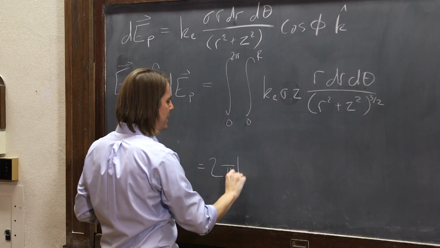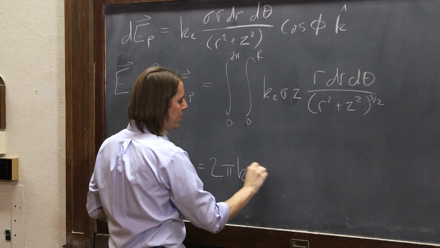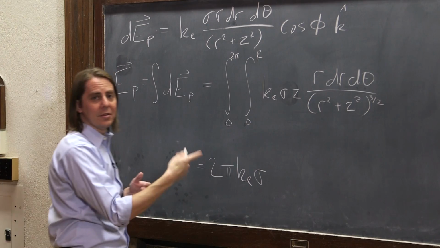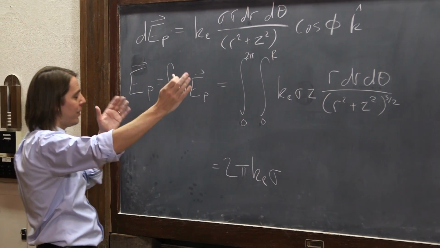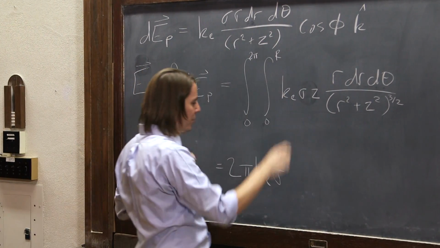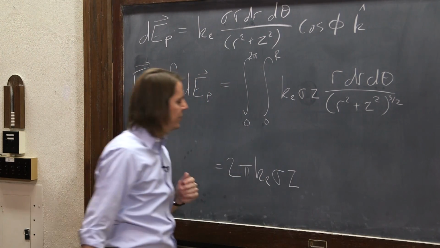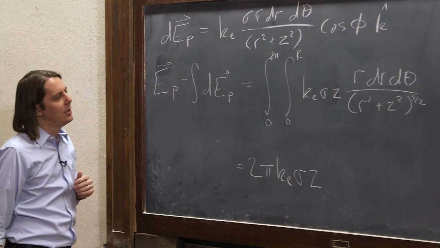And then you still have a Ke, and you have a sigma. And actually, z is a constant in this case. z was just how far out are we. So that's not changing as we move around the disk. So there's our constants, 2 pi, Ke, sigma, and z.